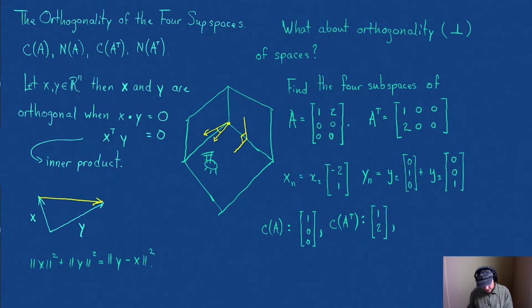And then I can say that the null space of A is defined by the vectors -2, 1.